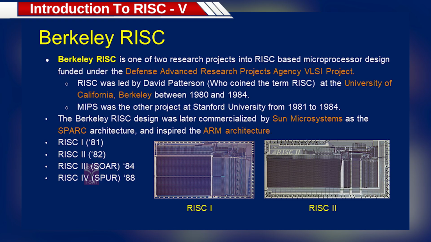So they kept at it, and they did RISC-II, RISC-III, and RISC-IV over the next 4 or 5 years. At the same time, Stanford was also doing work. Out of all these efforts at Stanford and Berkeley, from 81 to 88, there were two major companies that came out of it.